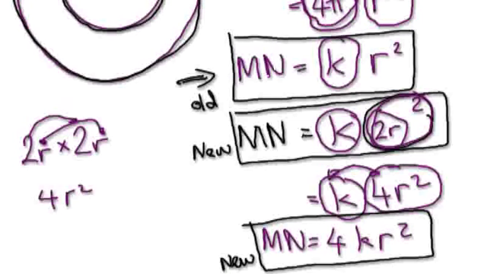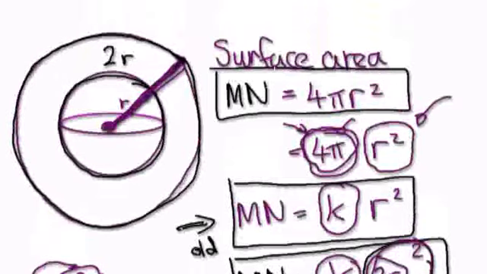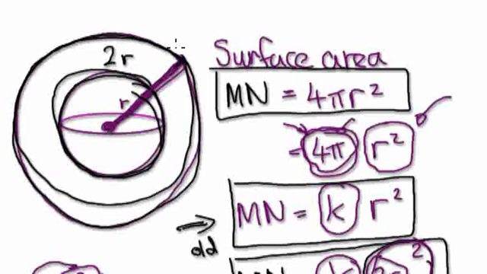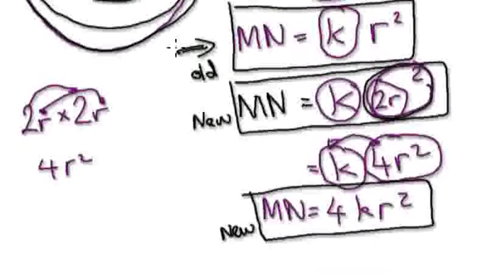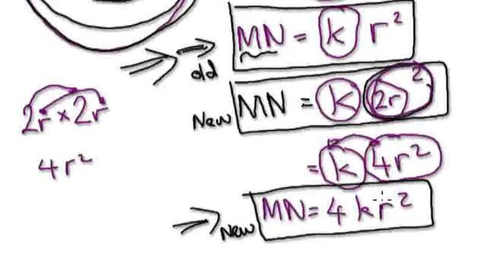Now, if you compare the old one, remember our old football has a radius of r. Our new football has a radius of 2r. Now look at old. This here is our old one. Now the material needed for our old one is k r squared. The material needed for our new one is 4k r squared.